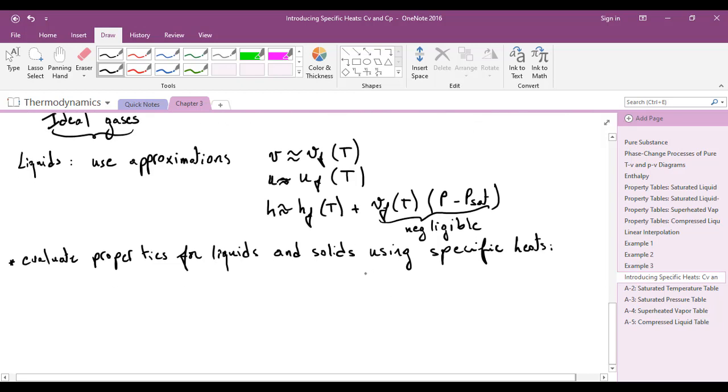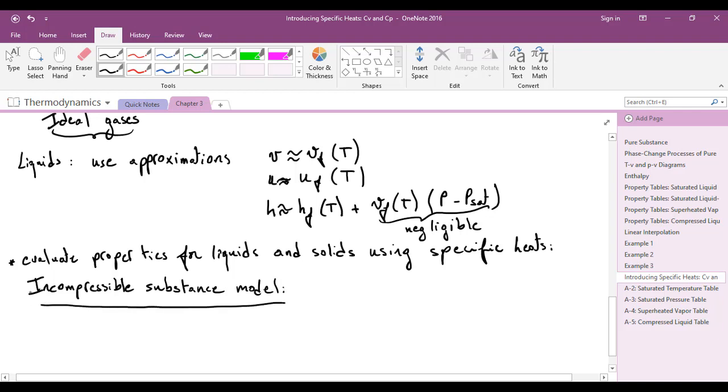So how do we do that? We refer to the incompressible substance model.